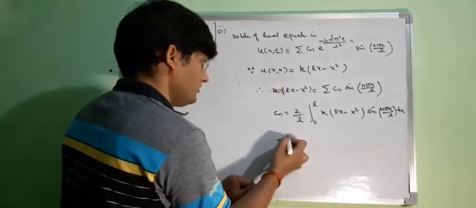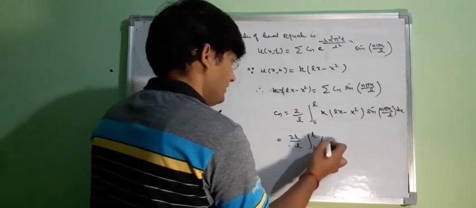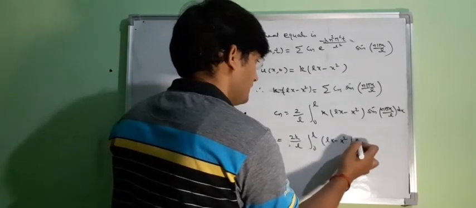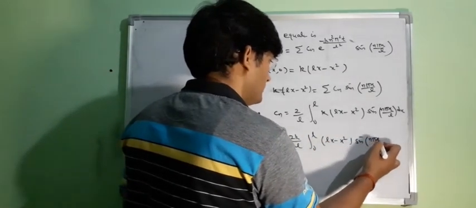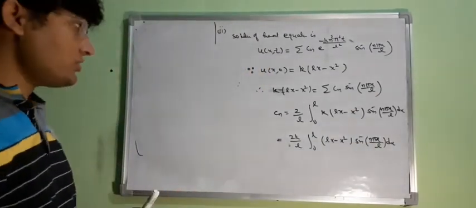So this is equal to 2k upon L, integral 0 to L, (Lx minus x square) into sine n pi x upon L dx. Now let us use the Bernoulli rule of integration.